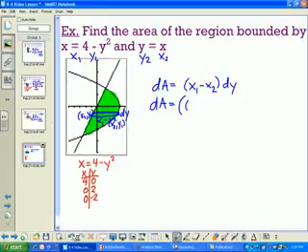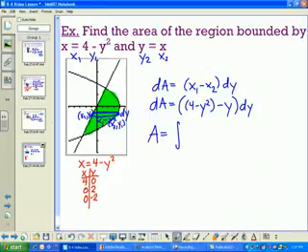So my x1 is on my sideways or horizontal parabola, and our x2 is on that line, y equals x. So my area would be the sum of all of these. And if you want, you can rewrite it. I'm going to do that just because it makes more sense to me to rewrite it.